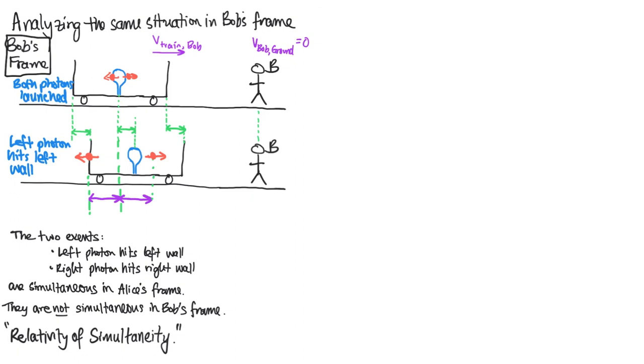So I'm going to pose that question to you, and I want you to think through it. What in our argument here is different for photons than it is for baseballs? And if instead of a photon, two baseballs were shot out in opposite directions on this train from the middle of the train, and Alice measured that both baseballs would hit the walls at the same time because they're traveling half of the distance of the train length, and they were released at the same time, so Alice will say the balls will arrive at the same time.